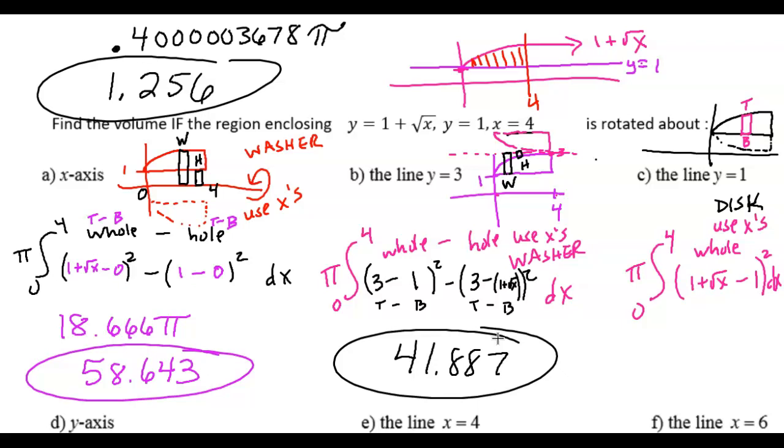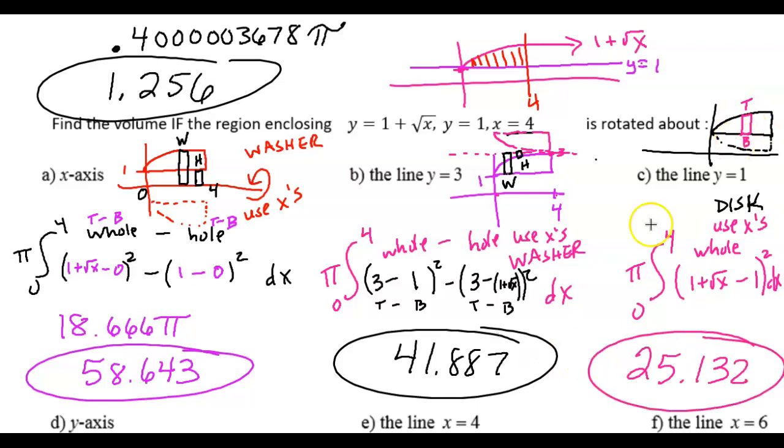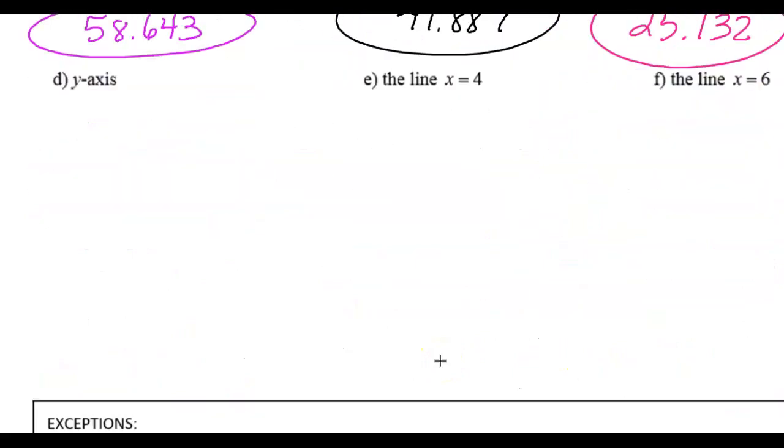So pi 9, 0 to 4, and let's see, parenthesis 1 plus root x. I know I could simplify. I'm just choosing not to. And then minus 1, parenthesis squared. 25.132. And it should be less. It's a smaller region that we're doing the volume of.